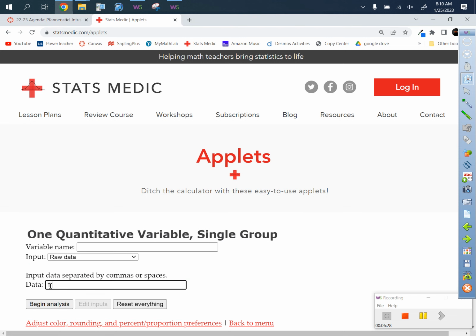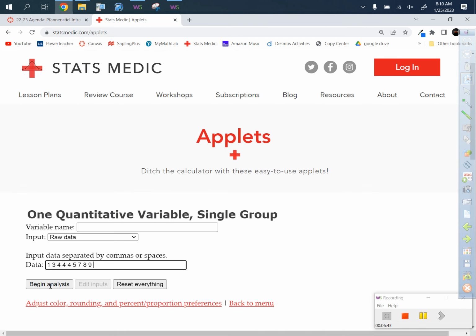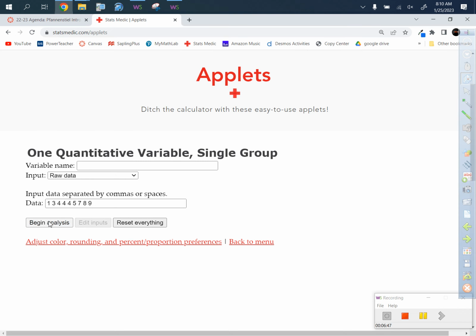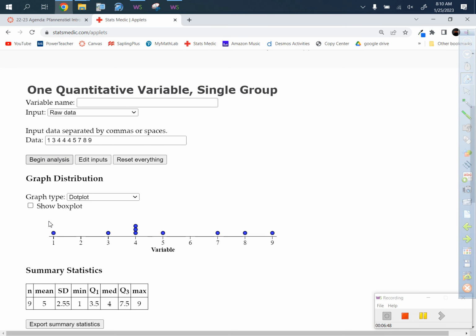1, 3, 4, 4, 4, 5, 7, 8, 9. We did one quantitative variable single group. Are we okay with that? Then just type that data in and begin analysis. It'll make a dot plot for us.